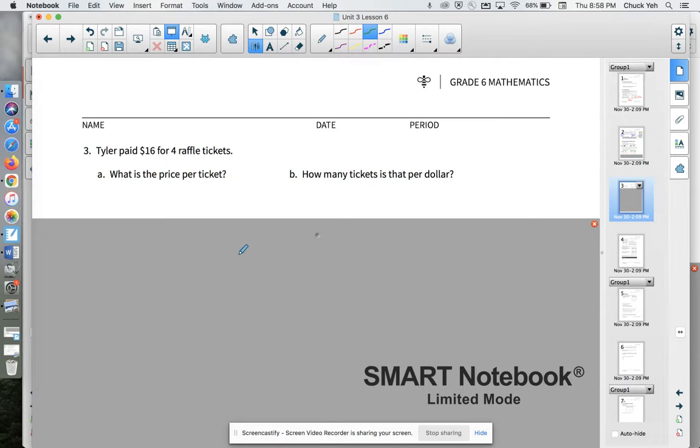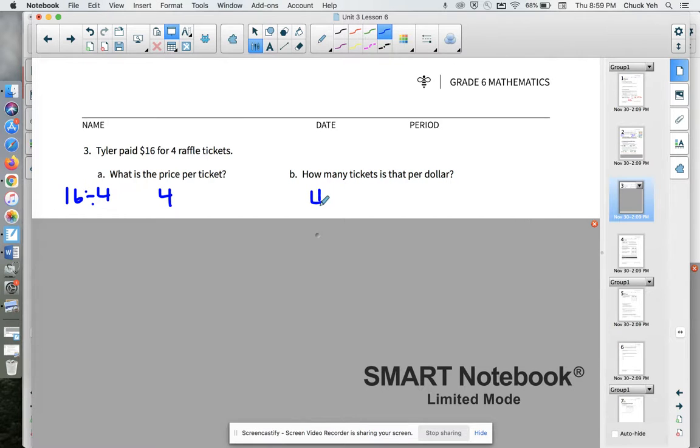Tyler paid $16 for raffle tickets. What is the price per ticket? Price per ticket. So price is 16, ticket is 4. 16 divided by 4. And that is 4. How many tickets is that per dollar?